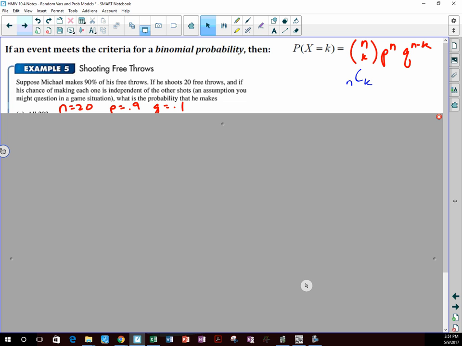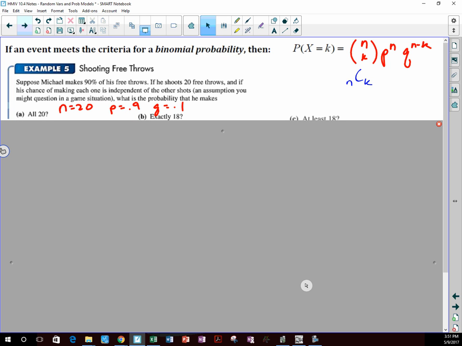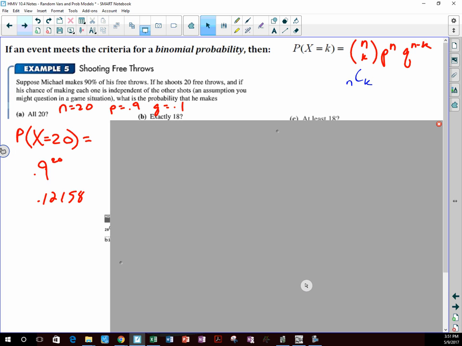So 20 represents the number of trials. The number of trials is 20. N equals 20. The probability of success is 0.9, 90%, and the probability of failure is 0.1 then, because he can either make the free throw or miss the free throw. Those are your 2 outcomes. The probability that Michael makes all 20 of his free throws, well, really that's just going to be 0.9 to the 20th, or 0.2158.